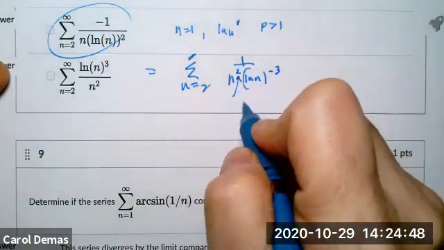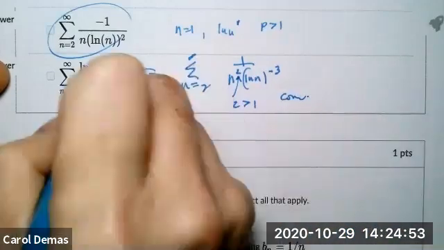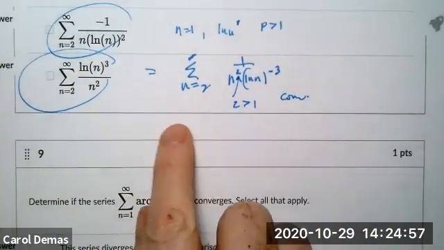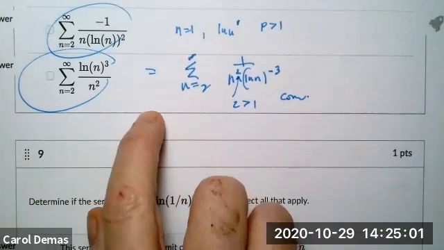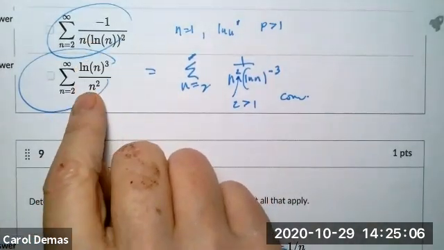And if this exponent is greater than 1, it's going to converge. So this also converges. He should have written p-test or generalized p-test. He didn't state this question properly. So don't get hung up over that, okay?